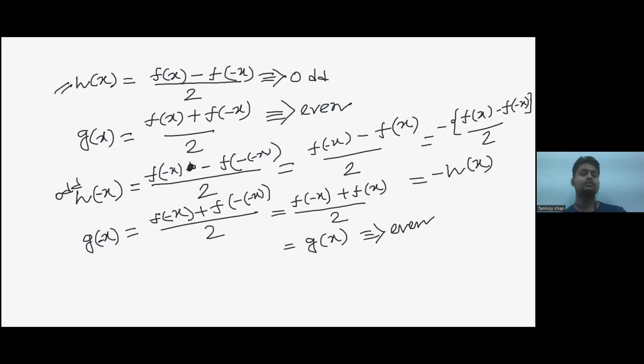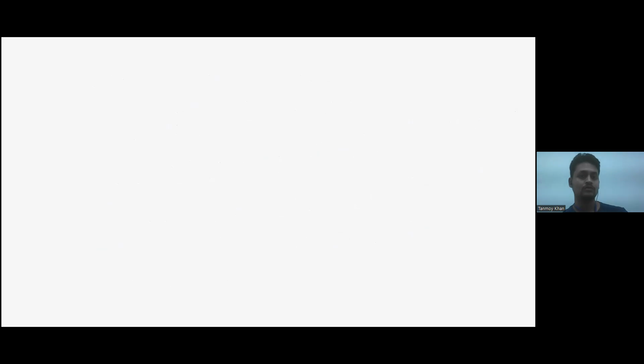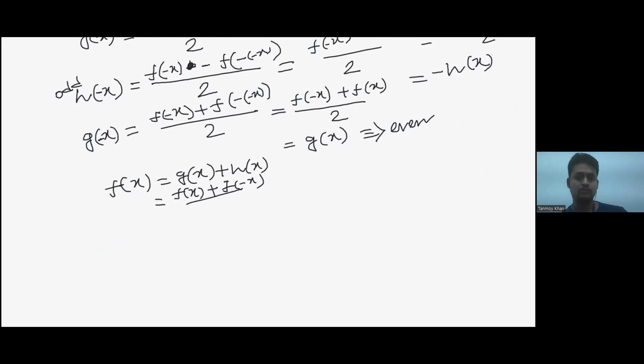Let's now just add up. f(x) is equal to g(x) plus h(x). So this is nothing but f(x) plus f of minus x by 2, plus f of x minus f of minus x by 2.